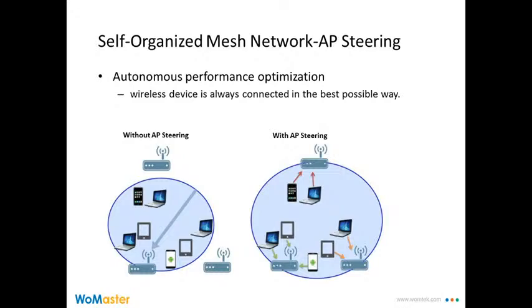With the AP steering feature, it will adjust to find the one with the best performance to make sure the mesh network has optimized utilization, avoiding the condition where all devices access one AP. Based on the Wi-Fi usage condition, AP steering makes sure to provide the maximum utilization to each AP. They can get the best performance.